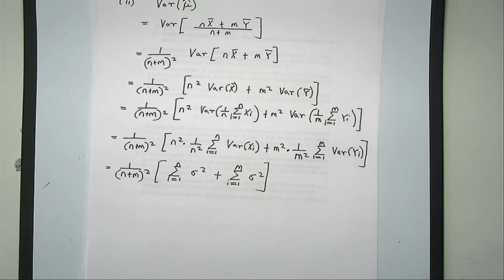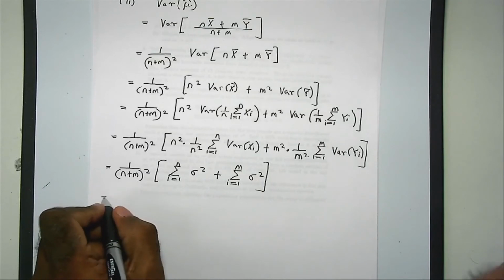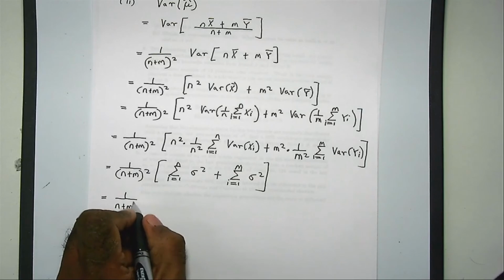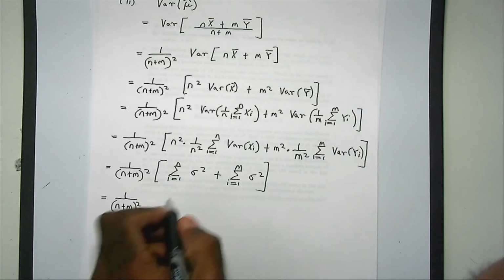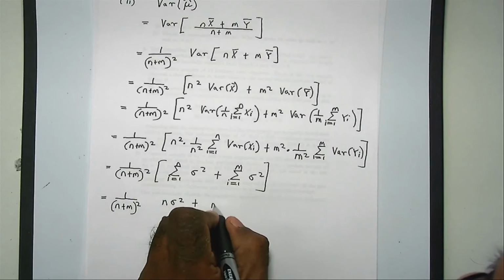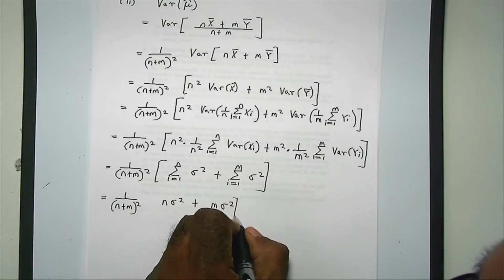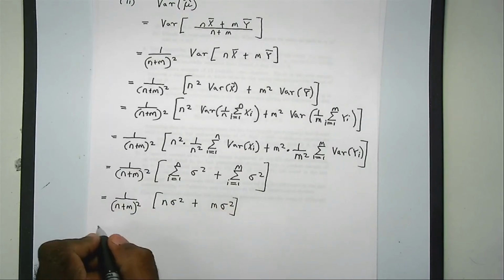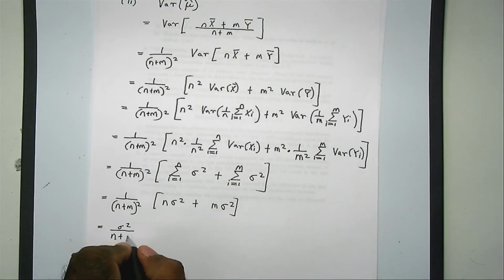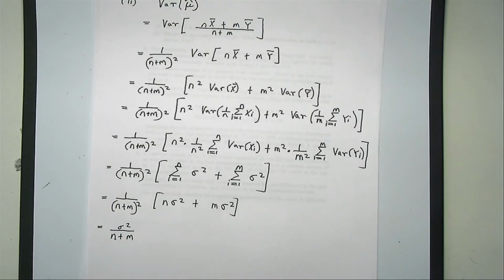Alright, so we are nearly there. So this becomes n sigma squared, and this is m sigma squared. So this will be sigma squared divided by n plus m. Alright.